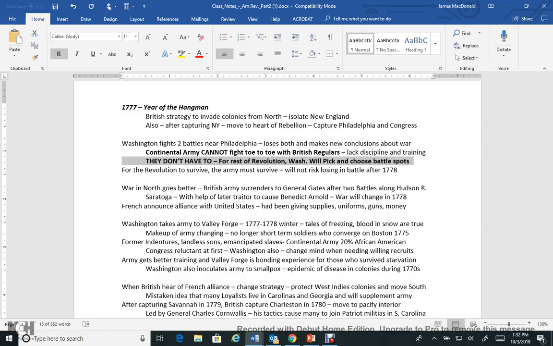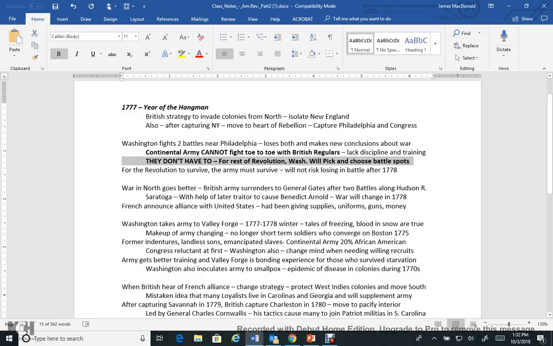For the rest of the Revolution, Washington says, here's the big strategy. We, the Continental Army, with me in charge, we will pick and choose where we fight the British. And that way, I guarantee that the army is never destroyed.